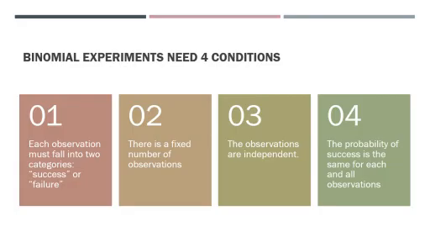They must be independent, so they cannot affect each other. Just because you flipped a heads the first time doesn't mean that now it's more likely to be tails the second time. Fourth, the probability of success is the same for all observations, going across every single trial that we do.